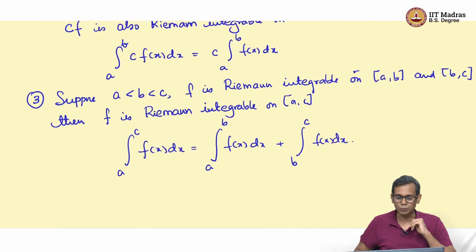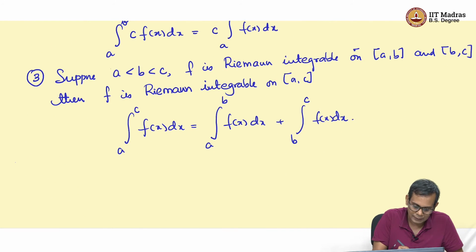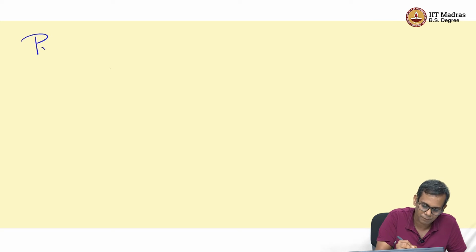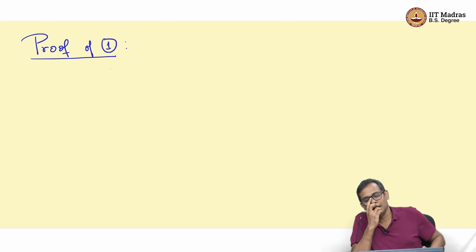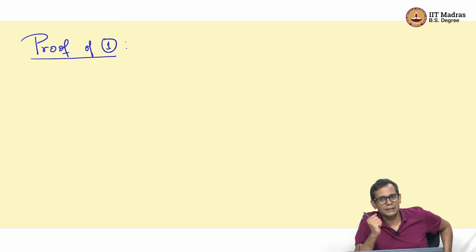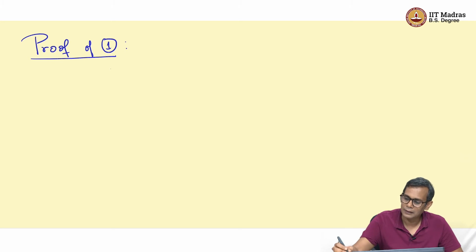So, firstly we need to prove that the sum is Riemann integrable. How will I prove that the sum is Riemann integrable? Remember that a function is Riemann integrable if for every real number epsilon greater than 0, you can find a partition P such that U(f,P) minus L(f,P) is less than epsilon.